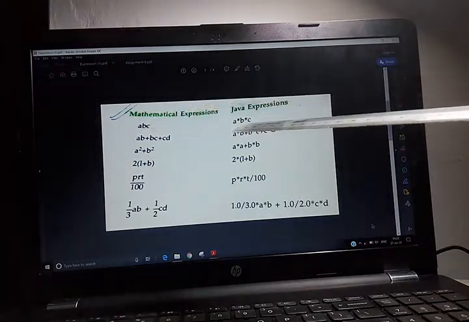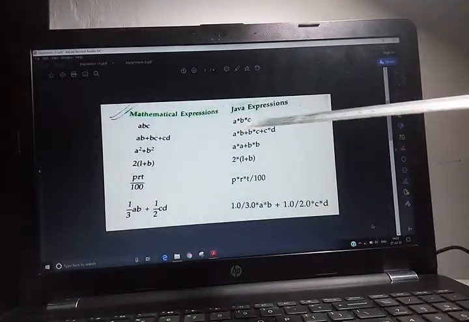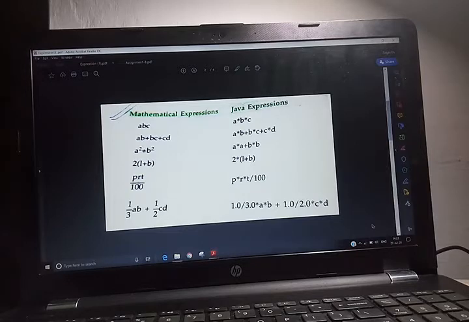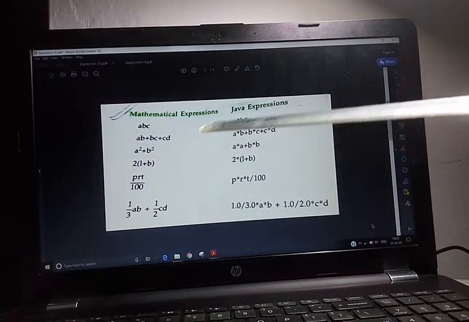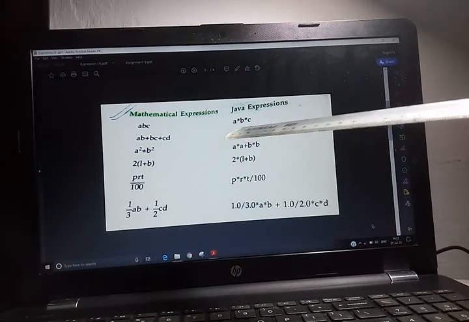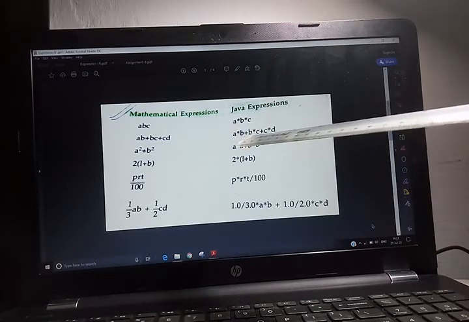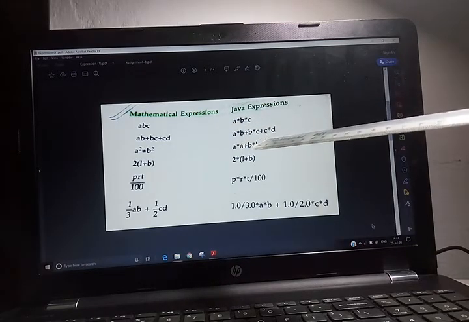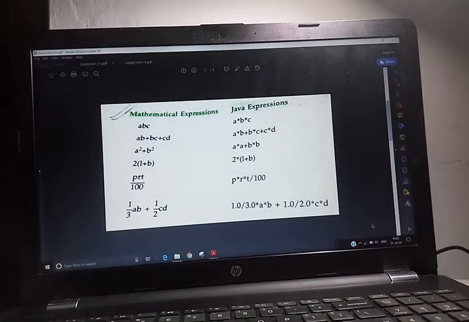A, B, C: A multiplied by B multiplied by C. For multiplication, it is the asterisk sign. Then next is AB plus BC plus CD: A multiplied by B plus B multiplied by C plus C multiplied by D.